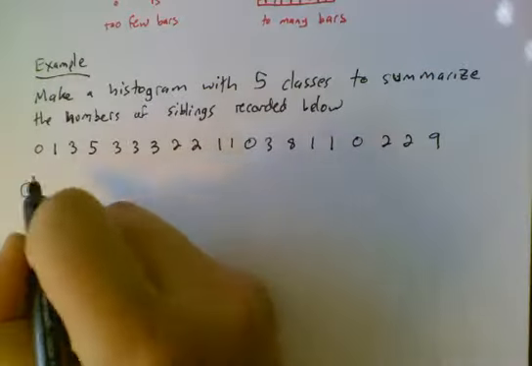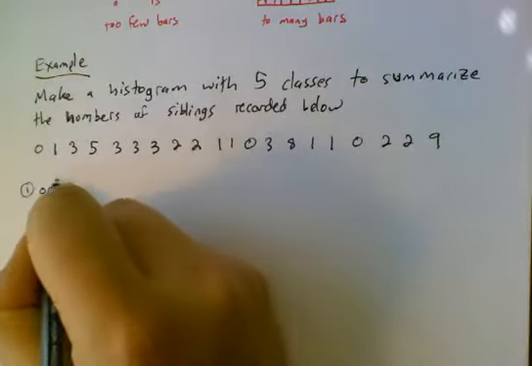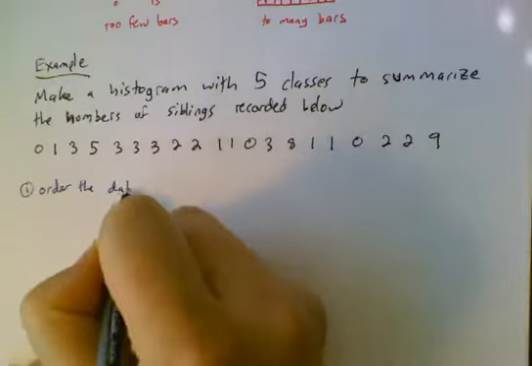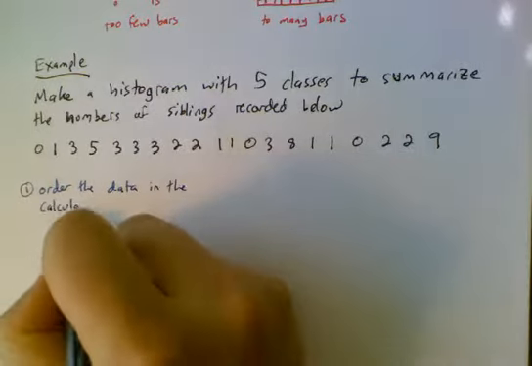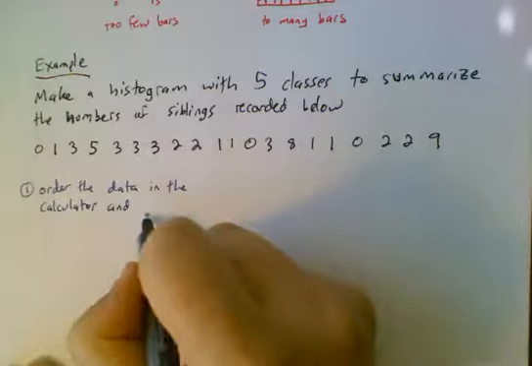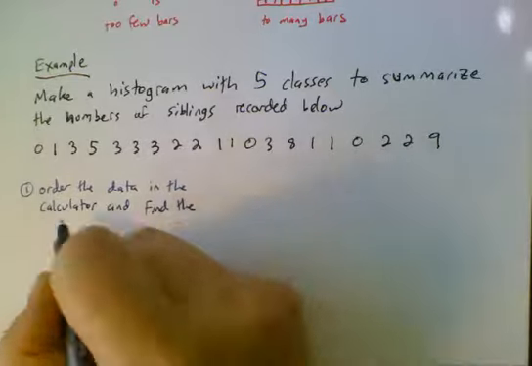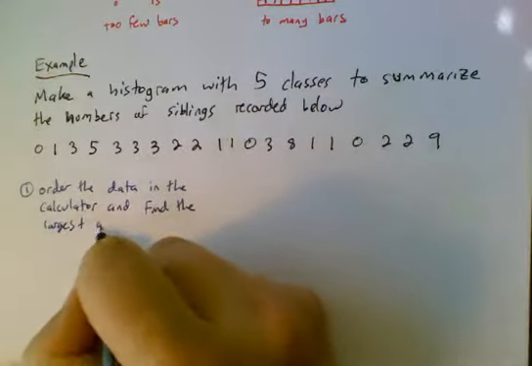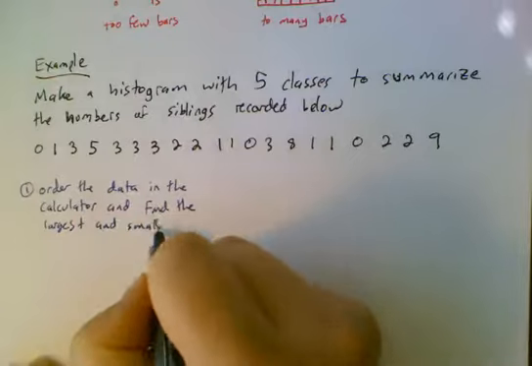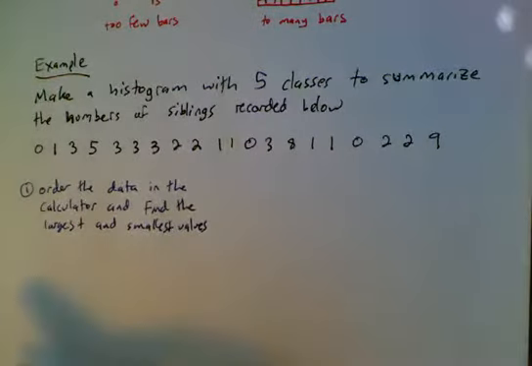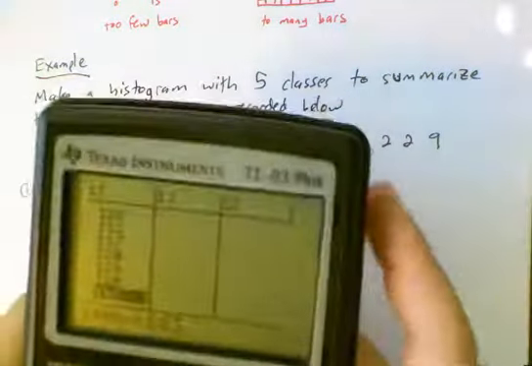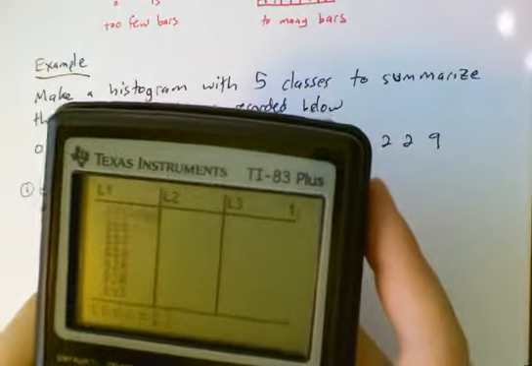So first of all, we can also just look and eyeball this. It looks like it's going to be 0 and 9, but it will be useful to have the data in order.